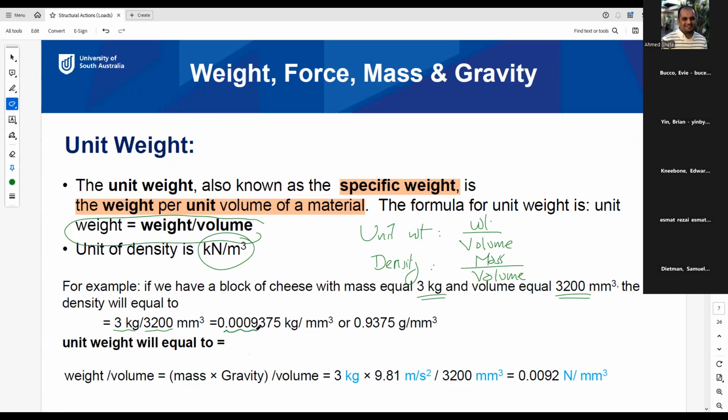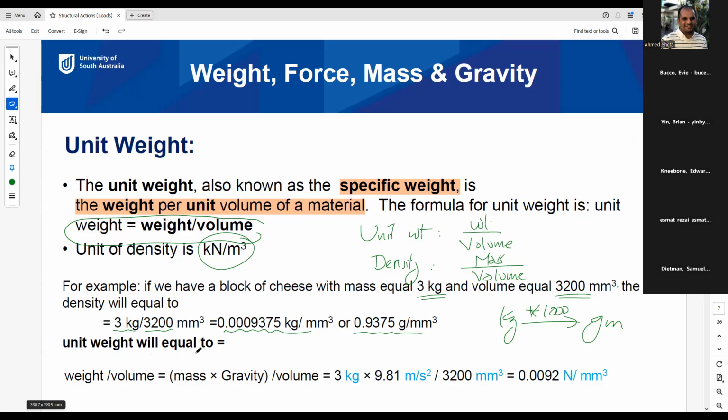So the density will be 0.0009375 kilogram per cubic millimeter, or 0.9375 gram per cubic millimeter. So to convert from kilogram to gram, we multiply by 1000. So this is just to define the number.